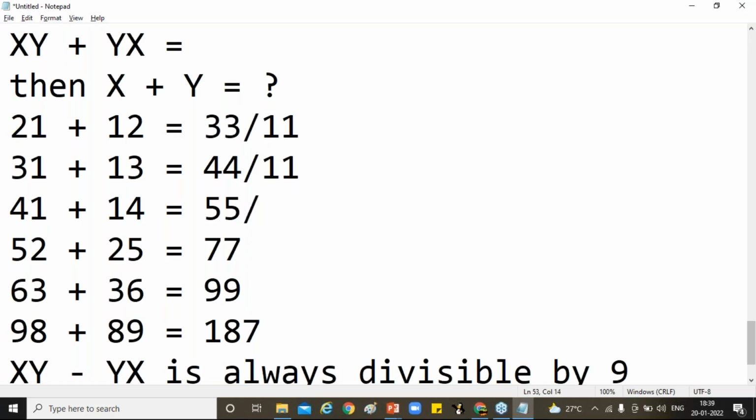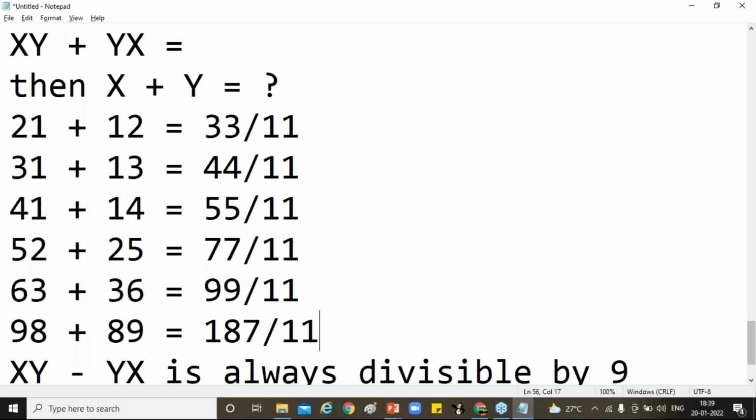The sum of the digits 4 and 1 should be 55 by 11. The digits 5 and 2, the sum should be 77 by 11. 99 by 11 is the value of 6 plus 3. Yes. 9 plus 8 is 187 by 11. Hope all of you understood.